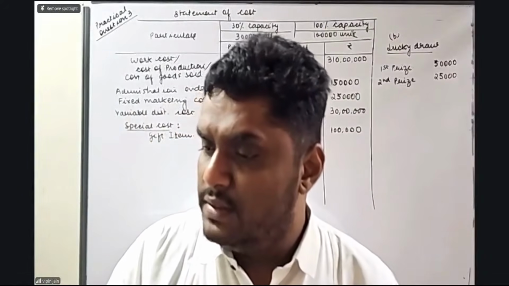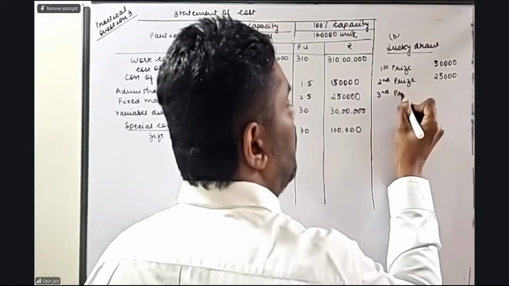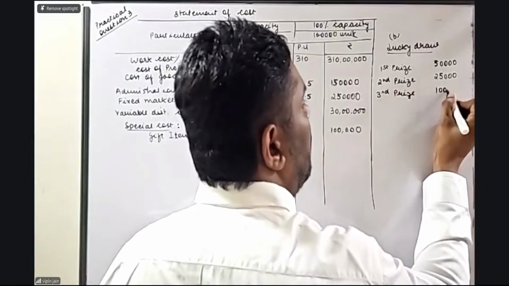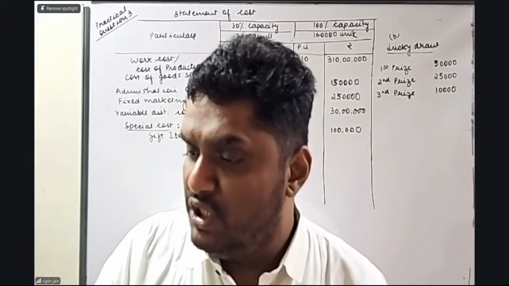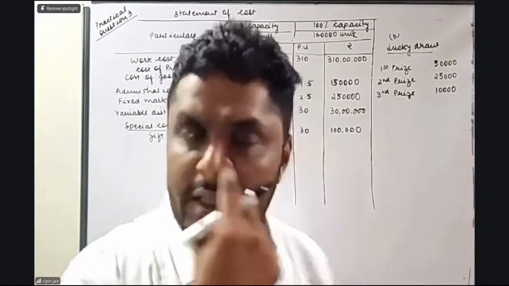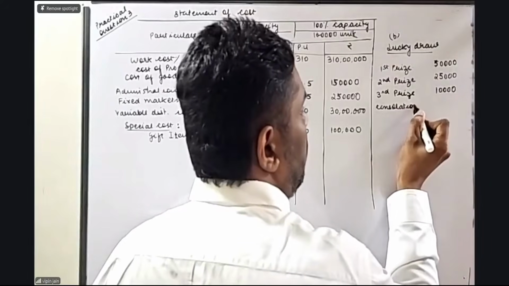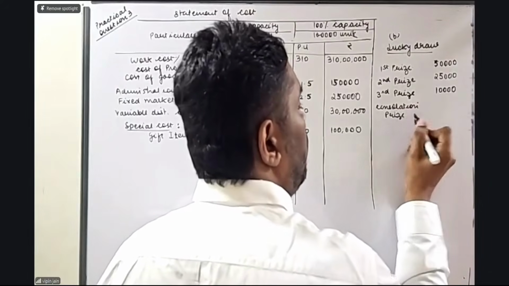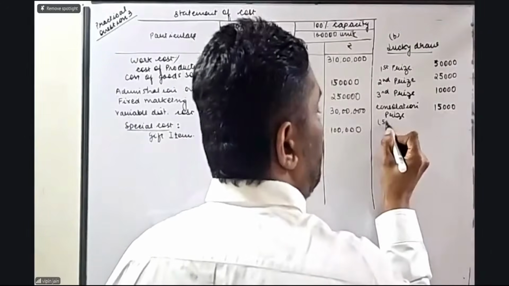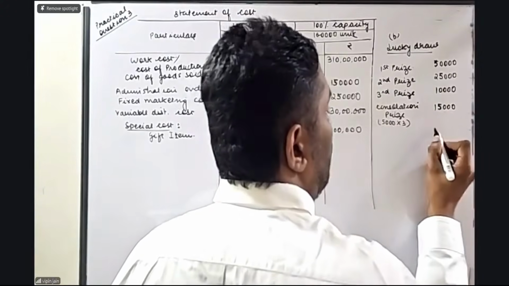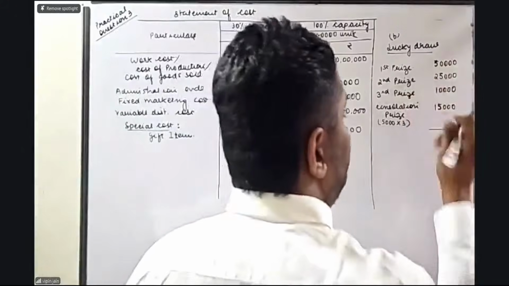Third prize is 10,000. And 3 consolation prizes of 5,000 each. So this will be 25, 25, 50, 50, 1 lakh rupees.